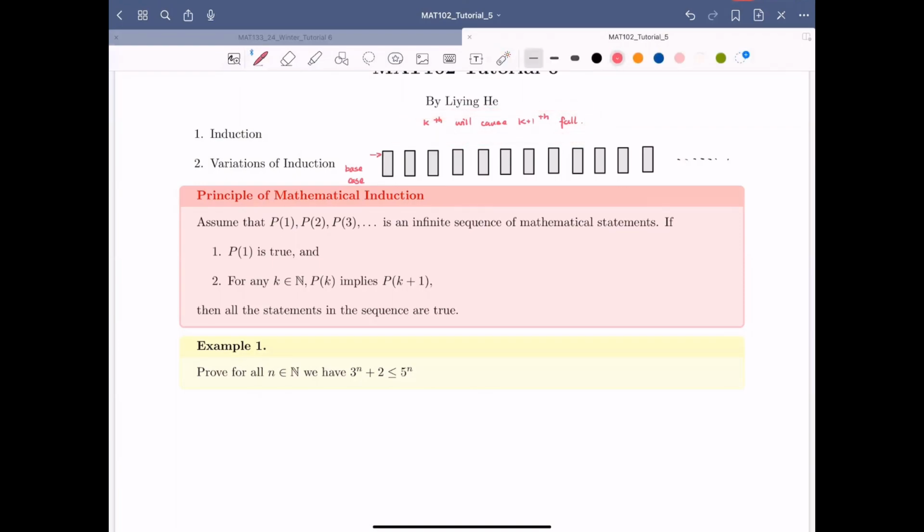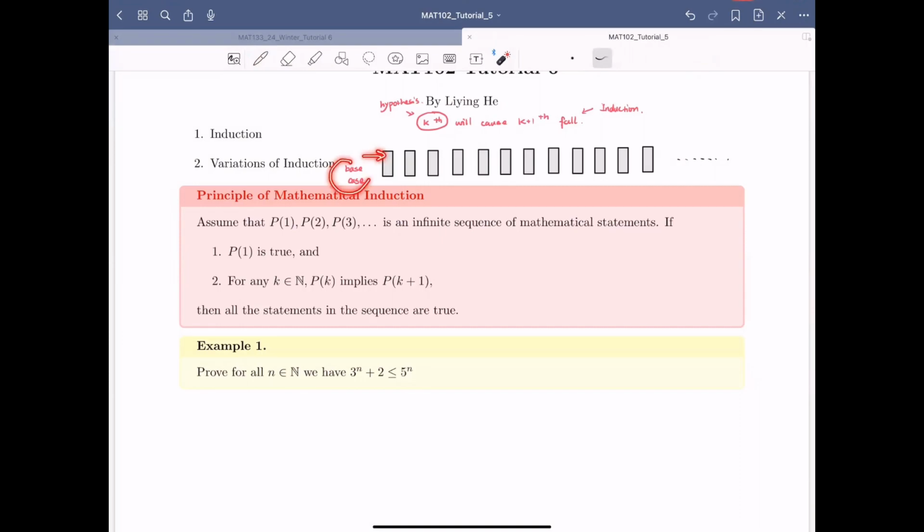This is my induction step. Sorry, I mean, this is not my inductive hypothesis, this is my induction step. Your hypothesis is this one. Suppose this one's gonna fall, so this is your hypothesis. In math, it's exactly the same.